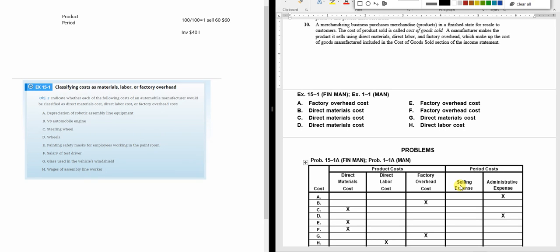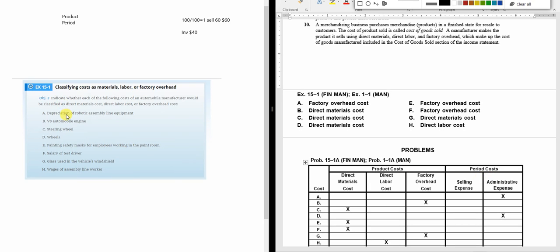Whereas if I buy 10 yards of material and I buy 10 items and I sell 6, it's easy to get a cost per item and say, okay, this yard of the material is in that product. And so I attach it to the product. So again, product costs, direct materials, direct labor, factory overhead, attach to the product and are expensed when they're sold. Period costs are costs of the period.